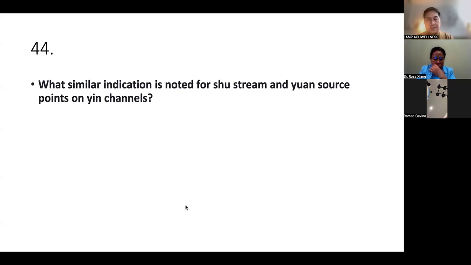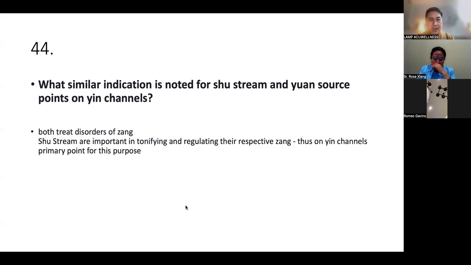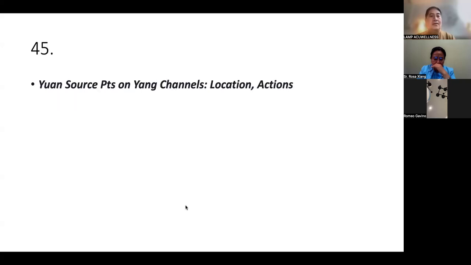Both treat disorders of the zang. Shu-stream points are of fundamental importance in tonifying and regulating the respective zang, and the yin channel's primary point is for this purpose. Okay. Yuan-Source points on the yang channels: the location.